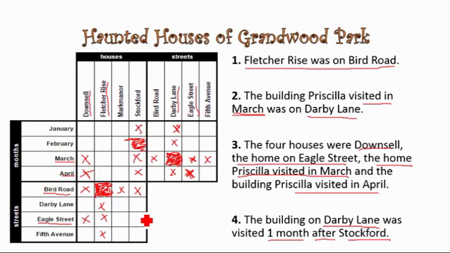So Stockford wasn't visited in any other month, and no other house was visited in February. And what we can see now by our X's and the things we've been keeping track of on the grid, we see that the only month that Downsell could have possibly been visited is January. So we're going to fill that in. And because I fill that in, I can say that no other house was visited in January.